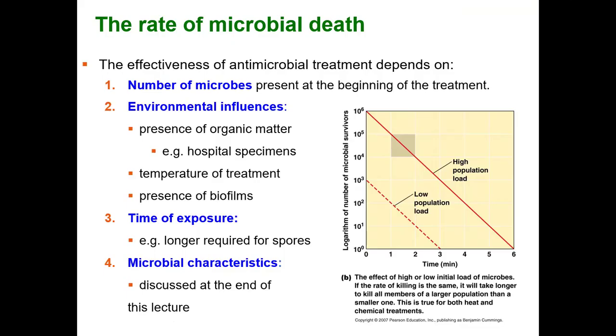For example, endospores require a much longer treatment time than bacteria lacking the endospore. And obviously, we're talking about a similar bacteria, or maybe even the same species but a different strain.